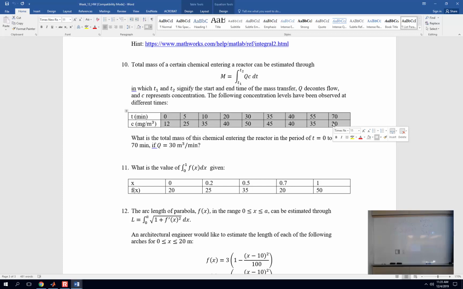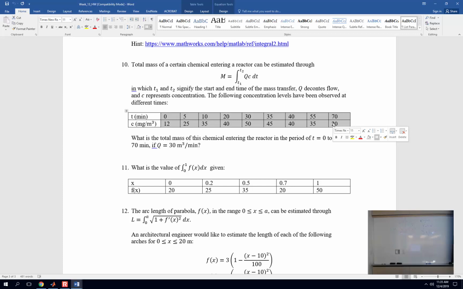It's t comma c, because t is your x values, c is your y value. So trapz of t comma c. Yeah, it's either trapz of t comma qc or q times trapz of t comma c. Either.